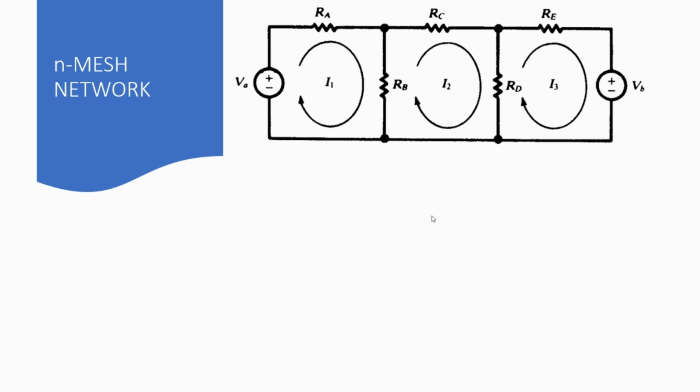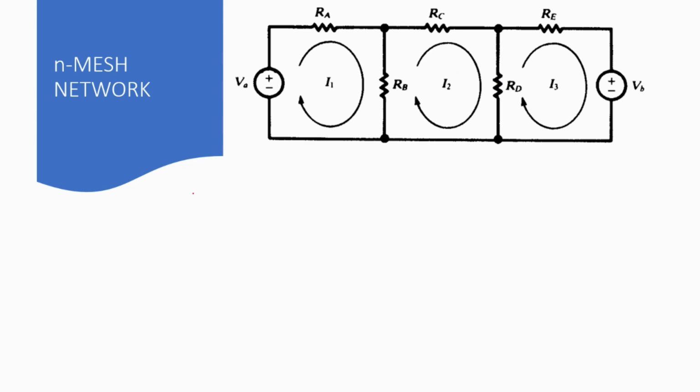In the last video, we talked about the branch current method and the mesh current method. And we had said that we are going to see how we can extend the mesh current method to apply to larger circuits with more number of loops. Here we can identify the number of loops to be three, as we can see visually.